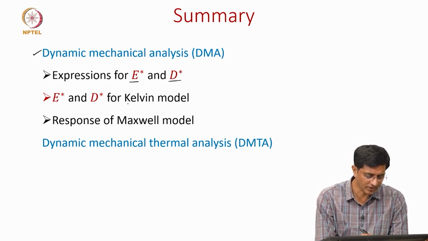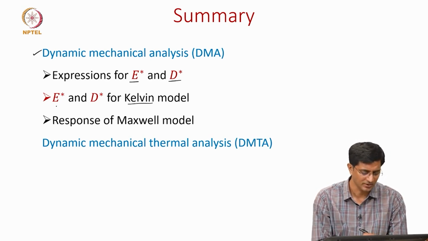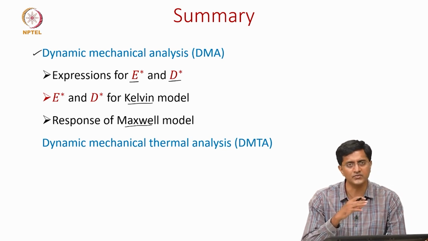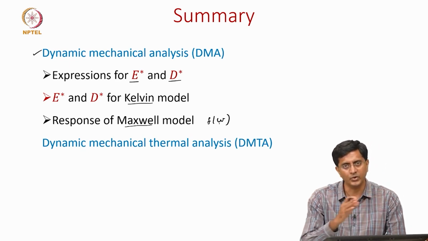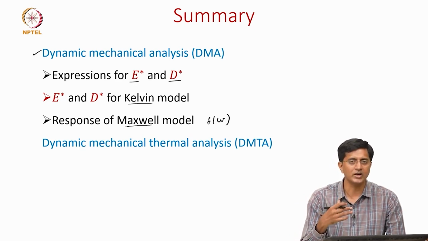Later, taking a Kelvin model, we were able to derive these E star and D star. Finally, we have shown using a plot how these values vary as a function of frequency. By doing a frequency sweep going from low frequency to high frequency, we have seen how the modulus values and the tan delta values vary.